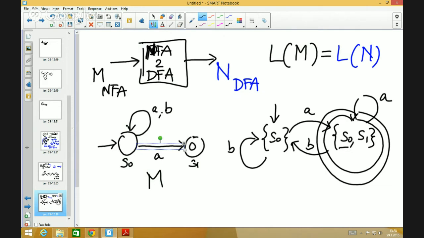Question? I'm not quite following why you write the other state, S0, S1. Okay, so the question is, why is this state here, S0, S1? Well, because this state indicates that at some point of the execution, my NFA could be either in state S0 or in state S1.